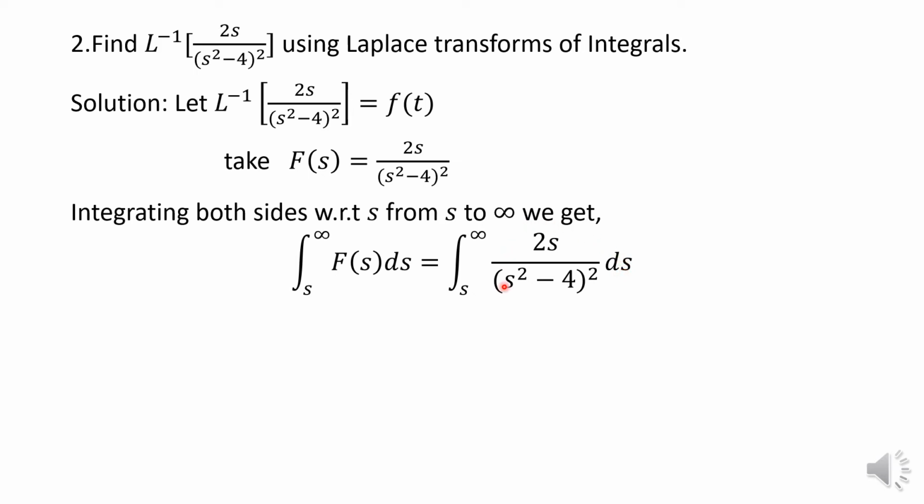Now how to integrate this function 2s by s square minus 4 whole square? You see, if I differentiate the denominator s square minus 4, the derivative of s square is 2s, so we get the numerator. So in that case we can go for the substitution method. I am going to substitute s square minus 4 is equal to some t.